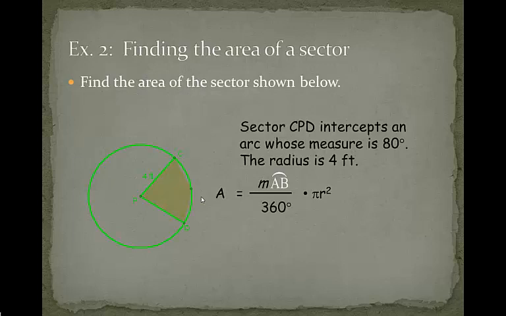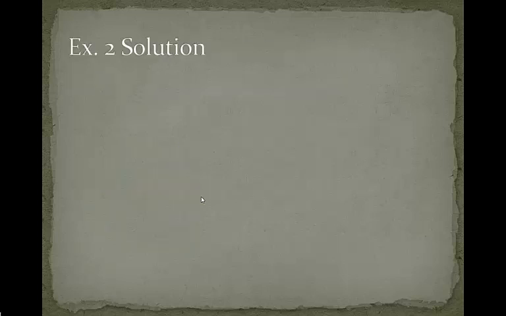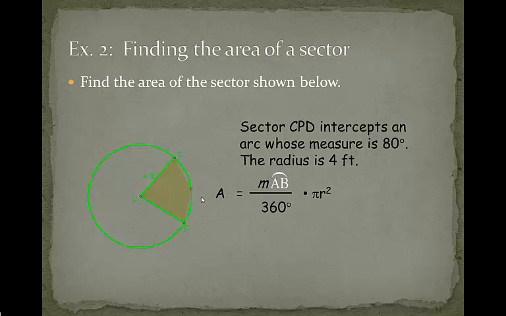So let's look at this one. Sector CPD intercepts an arc whose measure is 80 degrees. The radius is 4 feet. So find the area of the sector shown below. So I know the radius is 4 feet, so I can plug that in for r. So area equals the measure of the arc, I'm just going to put x, over 360 times pi r squared. r is 4, so r squared would be 16.